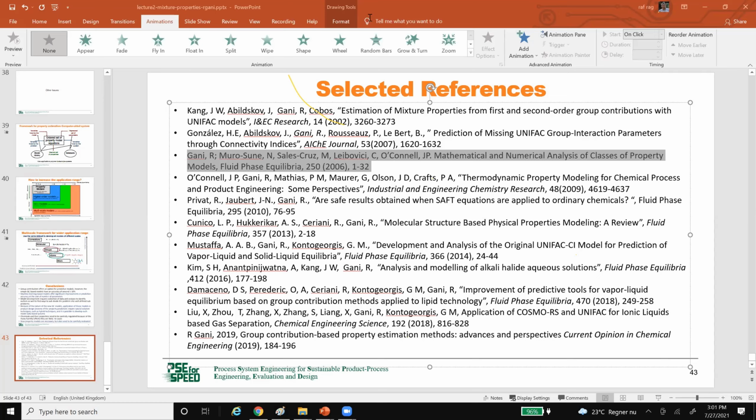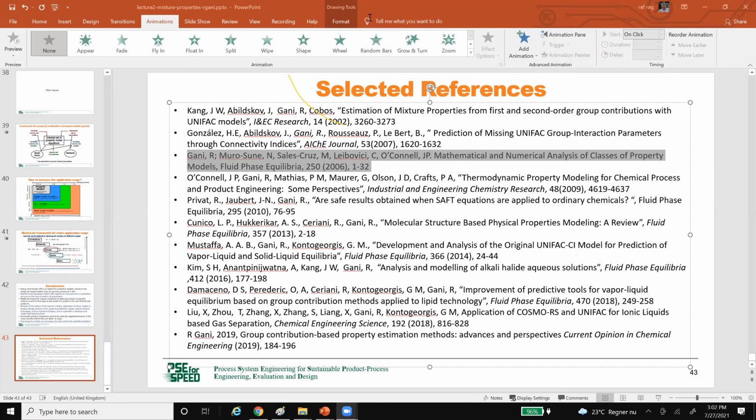Any more questions? Okay, one more question. Why are TC and PC the best predicted properties by the GC method, but not the VC? Good question. I wish I knew.